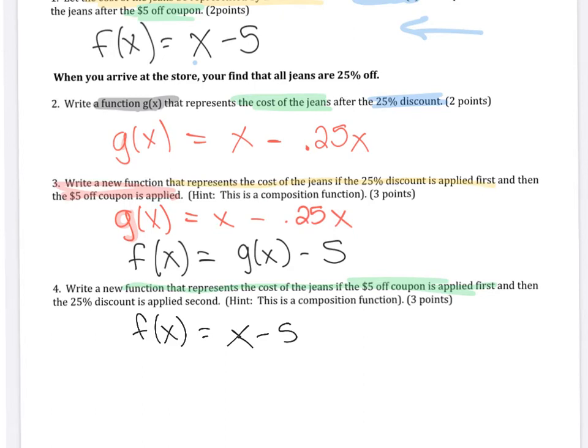Now, for the next one, I'm going to use G, but what do I want to replace all my x's with? Because I'm going to get an answer. So here I replace my x with g of x. So here I want to replace my x's with what? F of x. Good.